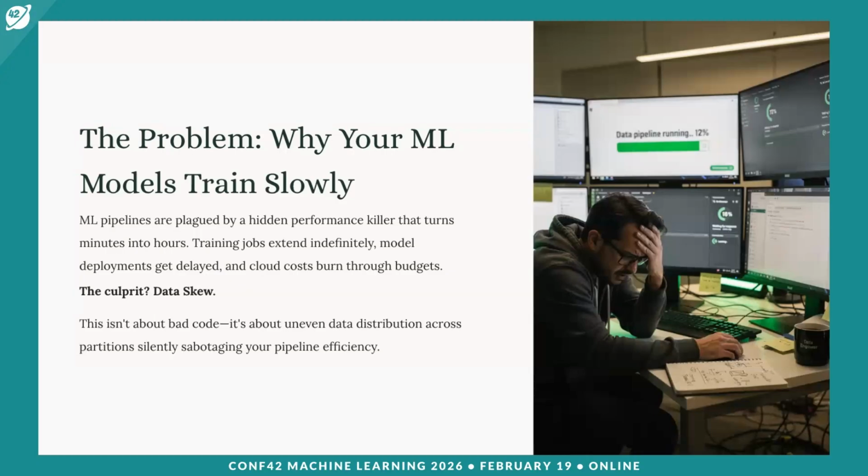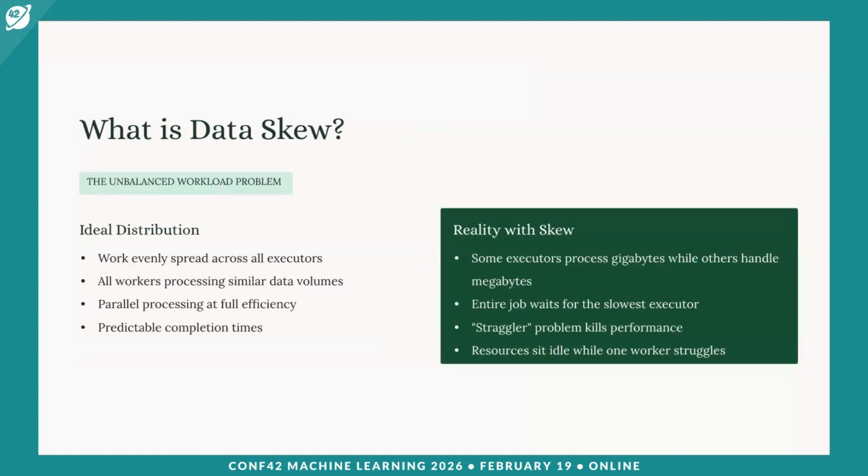So let's look at what data skew is in general. In simple words, I call it the unbalanced workload problem: your executors are given uneven partitions to process. In the ideal world, we want to distribute data evenly across all executors, with all workers processing similar data volumes in parallel, because Spark itself is a distributed parallel processing ETL engine.